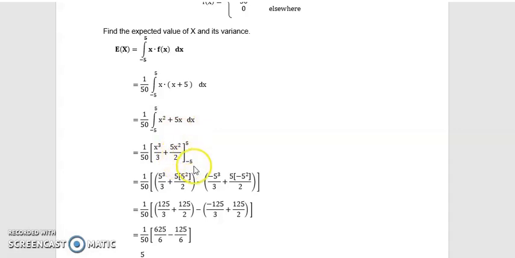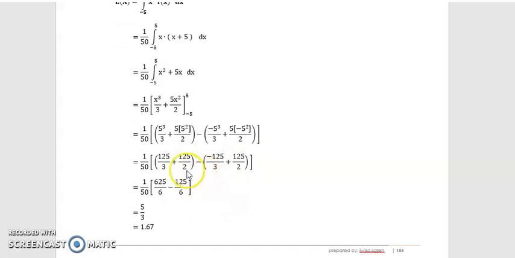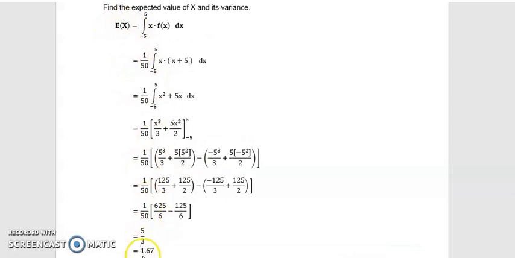Later on, you substitute the lower and upper limits: substitute x equals 5, the upper limit, minus substitute x equals negative 5, the lower limit. When you replace the values and calculate the expected value of x, the mean value, you will get 1.67. So again, this is the mean value, and it's okay to get a value of more than 1.